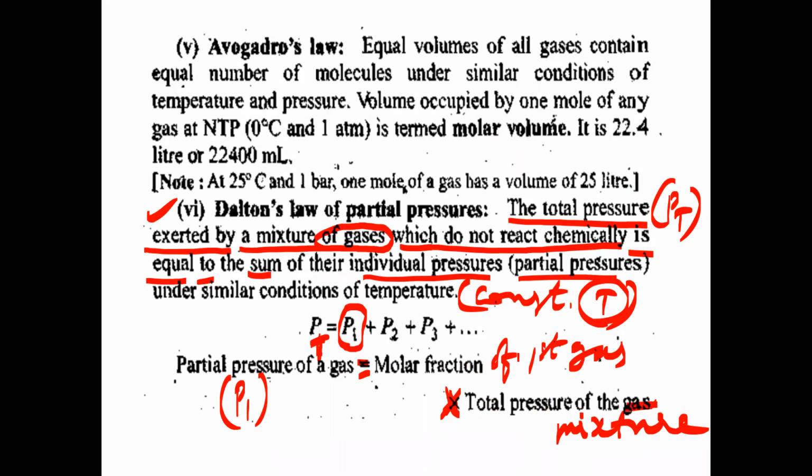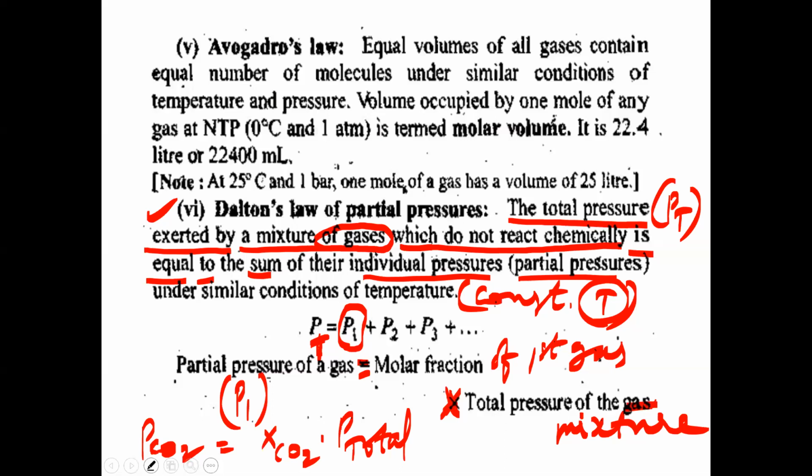So the mole fraction of a particular gas into the total pressure of the gaseous mixture will give the partial pressure. Suppose here I'm taking the partial pressure of CO2 gas. Partial pressure of CO2 is equal to the mole fraction of CO2 into the total pressure of the gaseous mixture. If you take air, what gases are available?